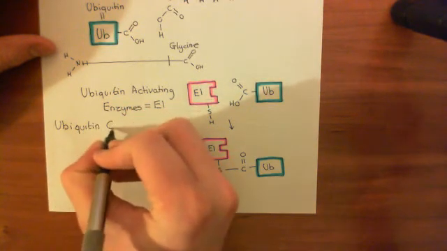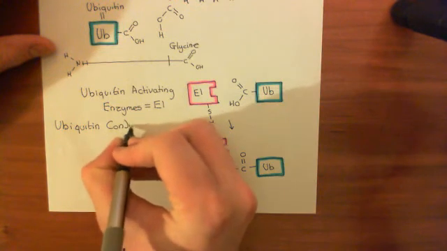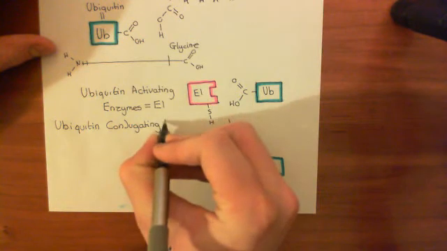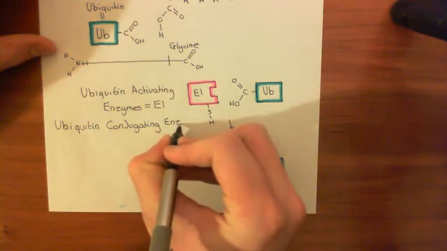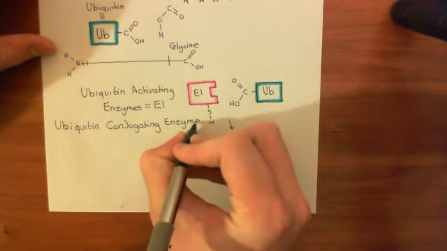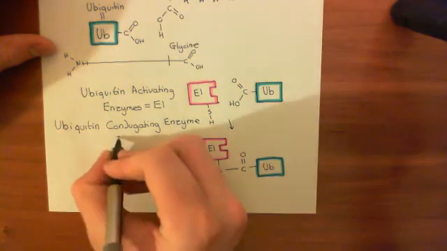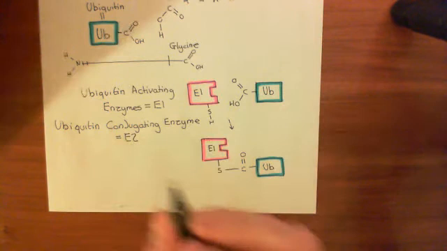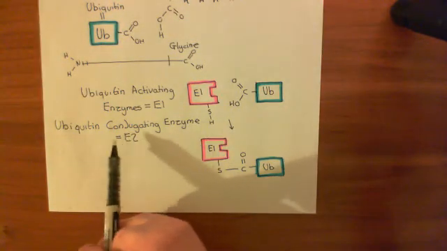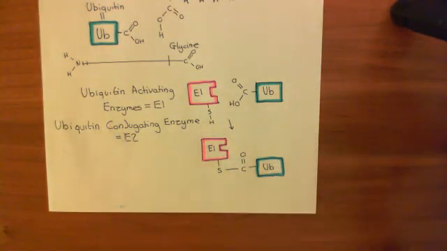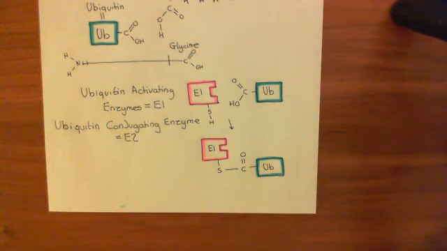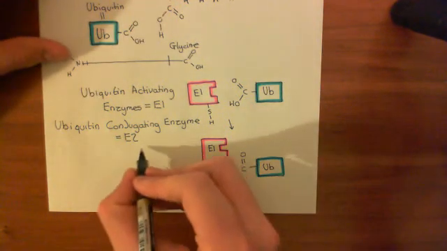There isn't just one ubiquitin conjugating enzyme, there are absolutely loads of them, but a ubiquitin conjugating enzyme is going to come along, so an enzyme that's capable of conjugating ubiquitin. And again, someone long ago decided that ubiquitin conjugating enzyme was a bit of a mouthful, so we call them E2 enzymes. Okay, so in comes our E2 enzyme.